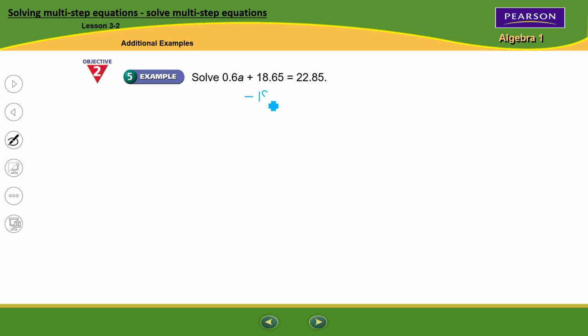So subtract 18.65, subtract 18.65. That's going to give you what, 4.2? So I've got 0.6a equals 4.20. And my last step is to divide by the coefficient. Again, it's just the number that's next to the variable, coefficient. And divide by 0.6, divide by 0.6.